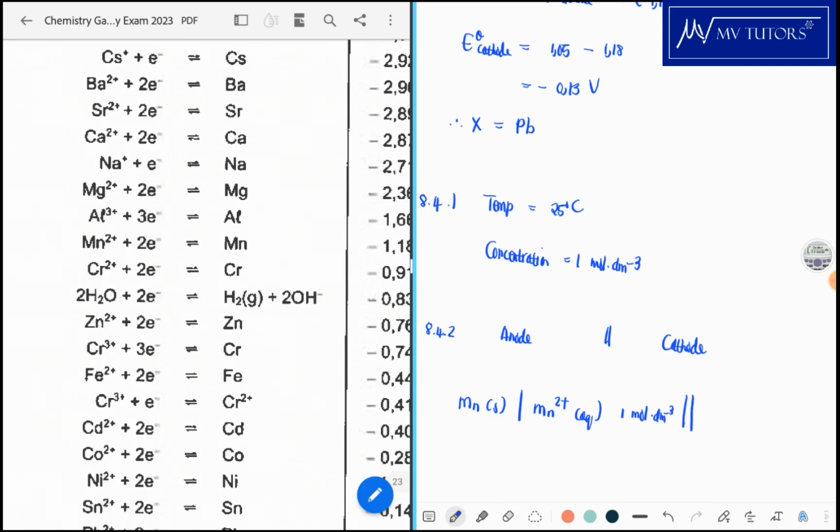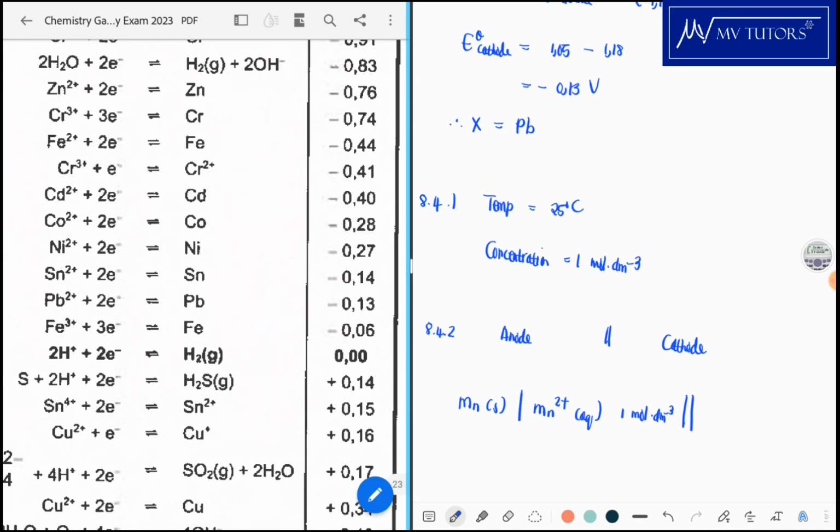Then you have the lead. There's the lead, that is in solution, so we have the ions there, okay, with a concentration of 1 mole per cubic decimeter. And then we have our lead cathode there, okay, the solid.